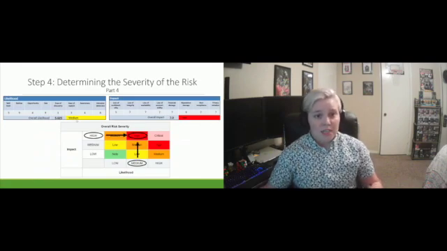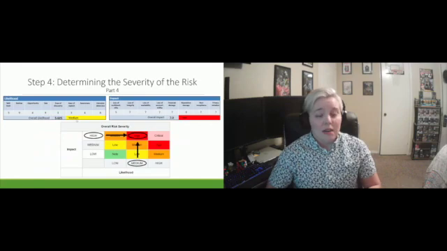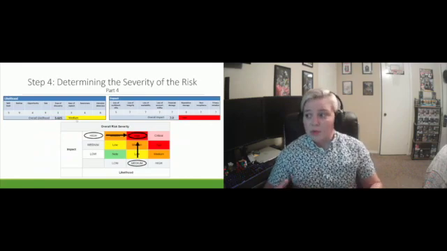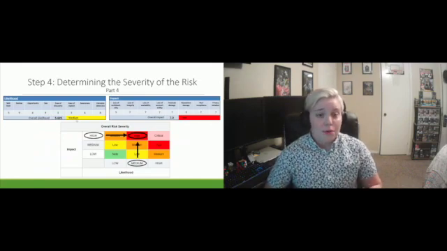We're going to draw a line straight to where those two meet on this graph. So in this particular example, those factors calculated out to a high.